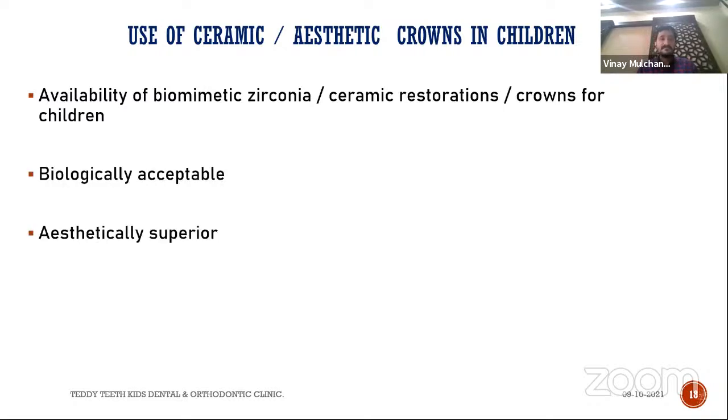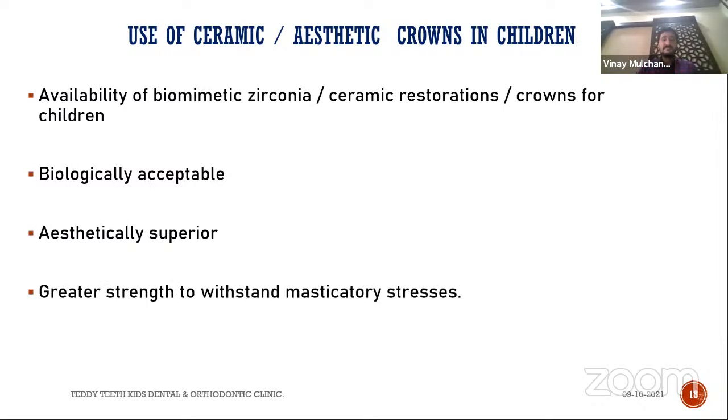They are biologically acceptable, aesthetically far superior, and have greater strength to withstand masticatory stresses as compared to other restorative procedures we use in children, because in children we need to be definite. Applying multiple procedures in a child patient is not recommended, so we need to be sure in the first approach. So we advise treatments which are long lasting, so that the child doesn't have to go through any treatment again.